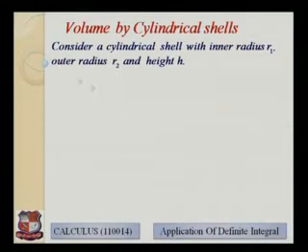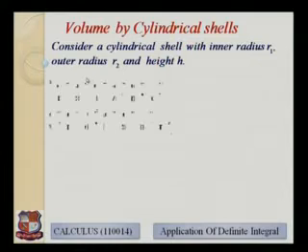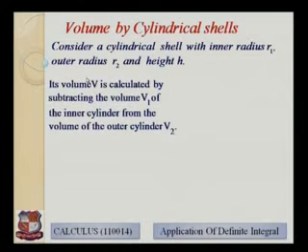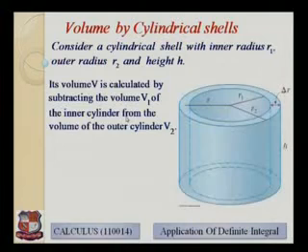So let us consider one cylindrical shell whose inner radius is r1 and outer radius is r2 and height h. Then its volume becomes, let V be the volume and V1 be the volume of the inner cylinder and V2 be the volume of the outer cylinder, as here we have considered in the figure.